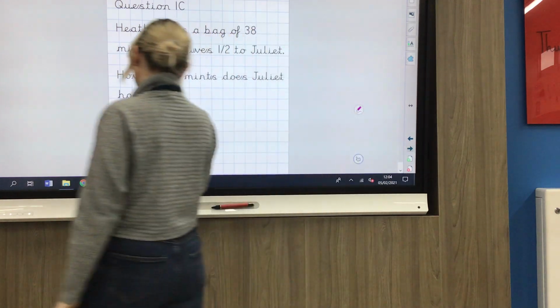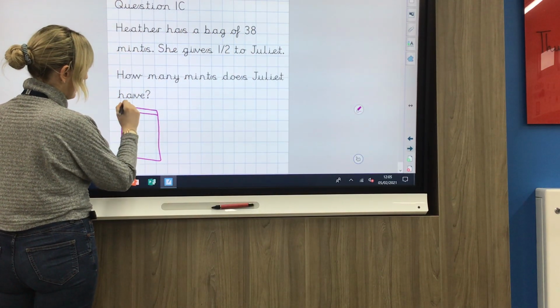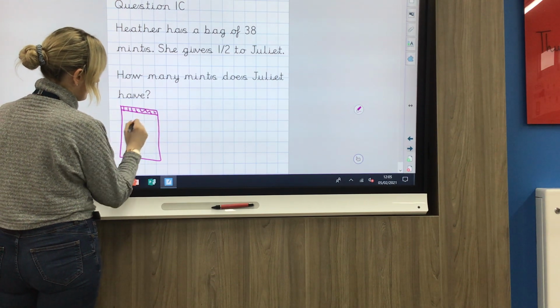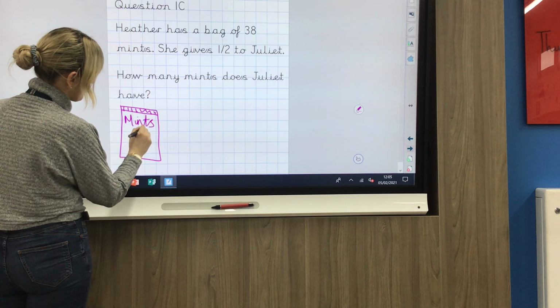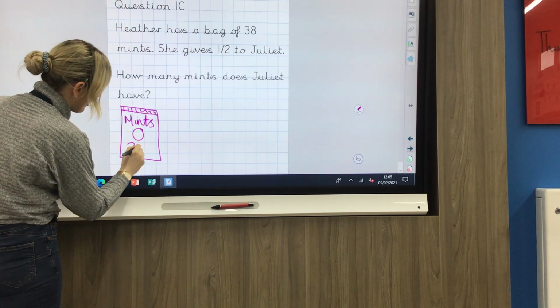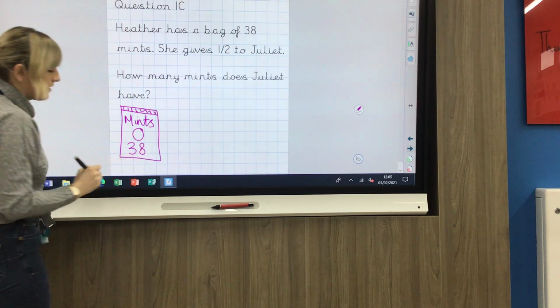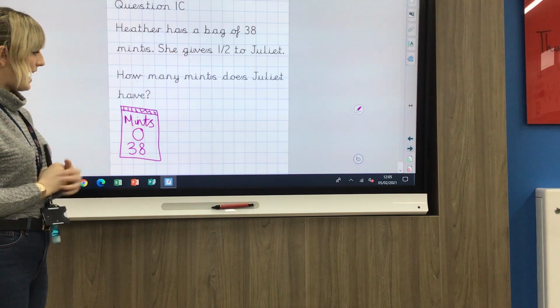Now, you know how much I love drawing. So here are the bag of mints. I'm going to draw a mint. And we know that Heather has got 38 mints inside of her bag. She gives half to Juliet.